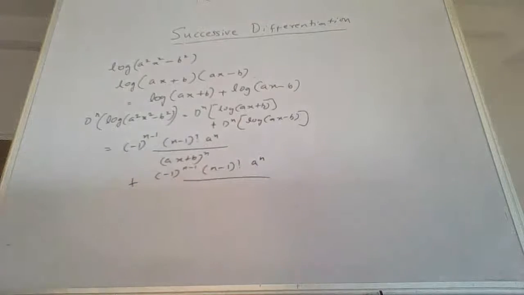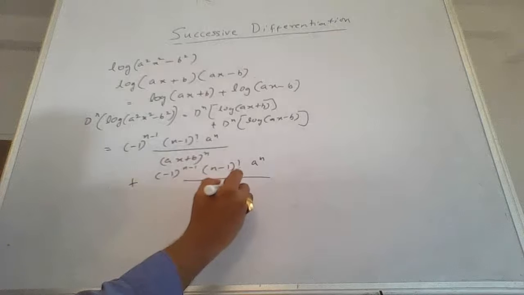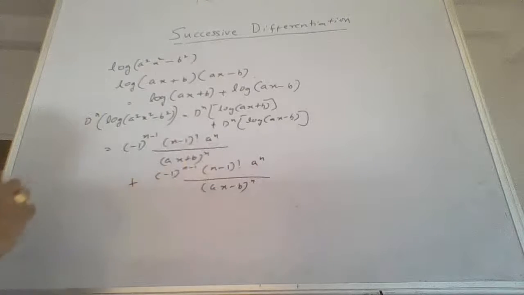Now this would change, so that would be ax minus b to the power of n. So hence we have shown this.